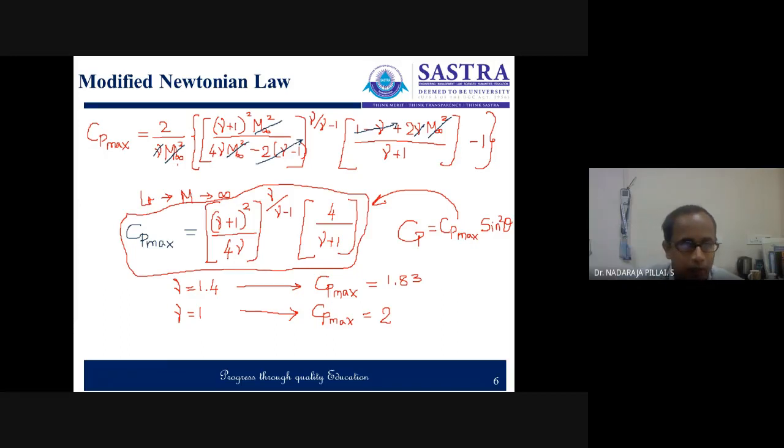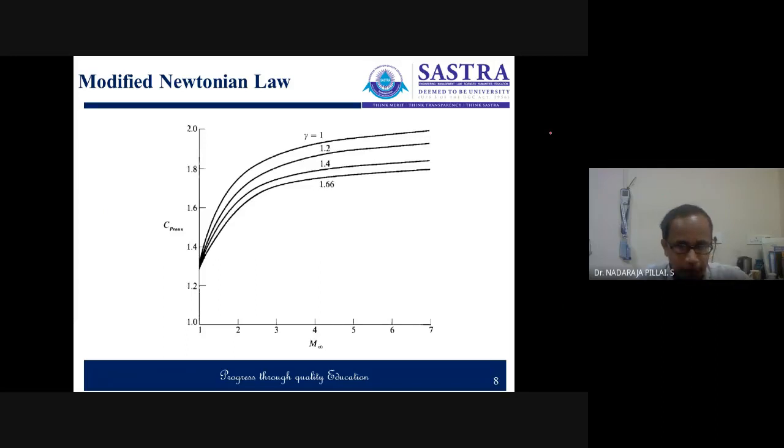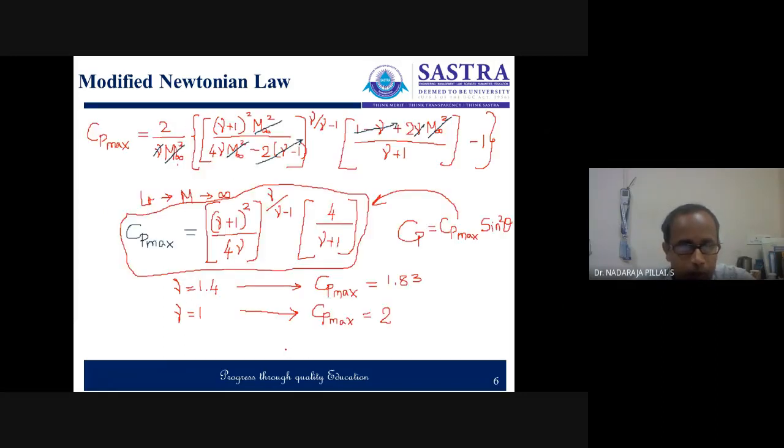So let us plot the graph. We have a graph against M infinity, because you see the Cp max is no longer independent of Mach number. In this equation of Cp max, you can see M infinity, so the effect of finite Mach number is there on Cp.